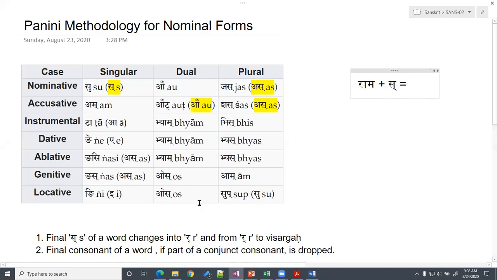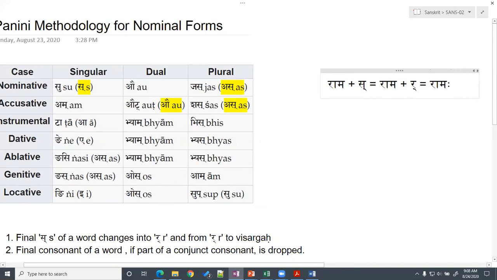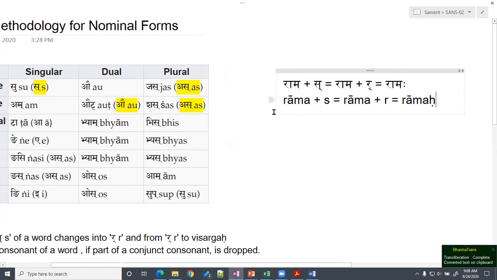Then it will become sakara. This is the final sakara of a word. It changes into refa. So it will change into refa, and then from there refa to visarga. So like this. So that's how it works.